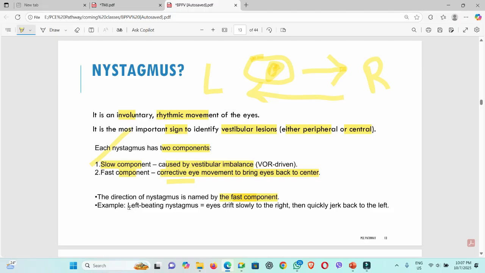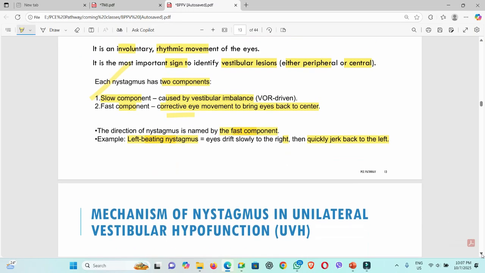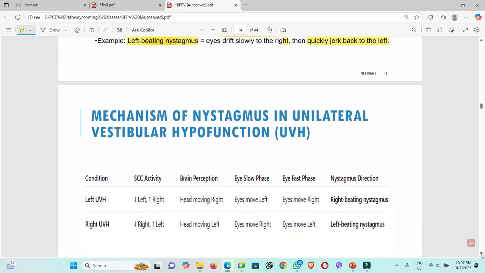Example, left beating nystagmus: I drift slowly to the right, then quickly jog back to the left. We will call that left beating nystagmus. Clear, guys?